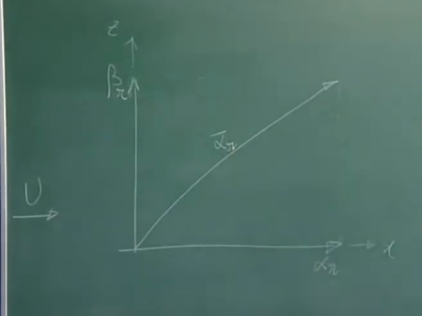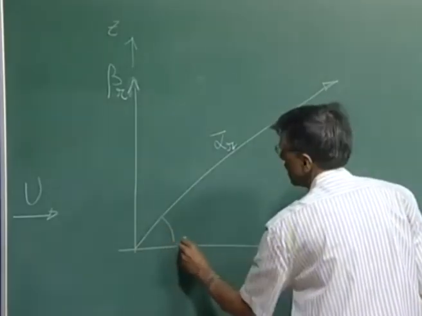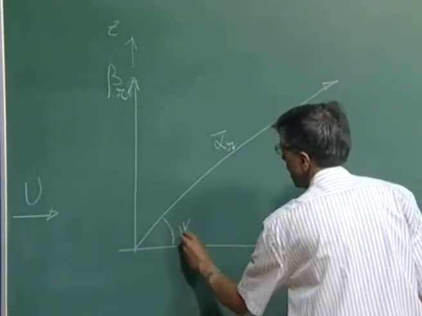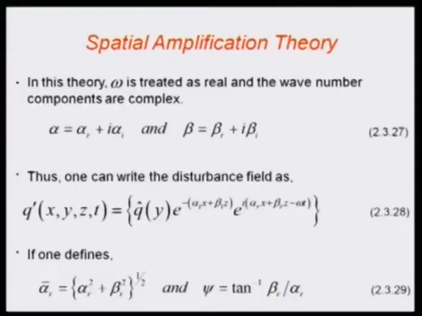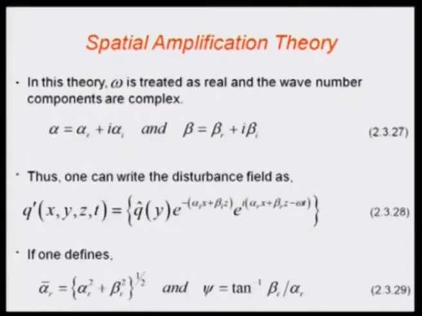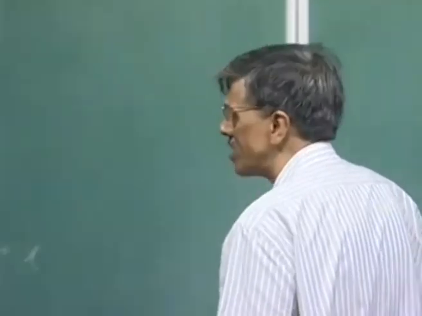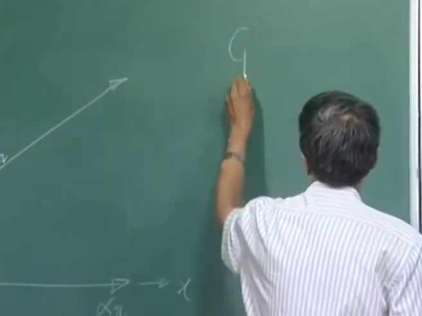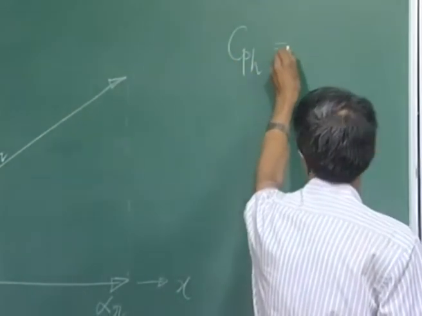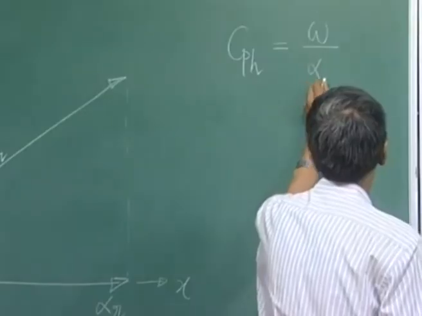This is the wave propagation direction, and tan inverse of beta r by alpha r is going to give me psi. That is what your last equation here is. It is almost like what we saw in the previous case. Since omega is real for the spatial theory, we can very clearly work out this expression for the phase speed, which is nothing but alpha r bar.